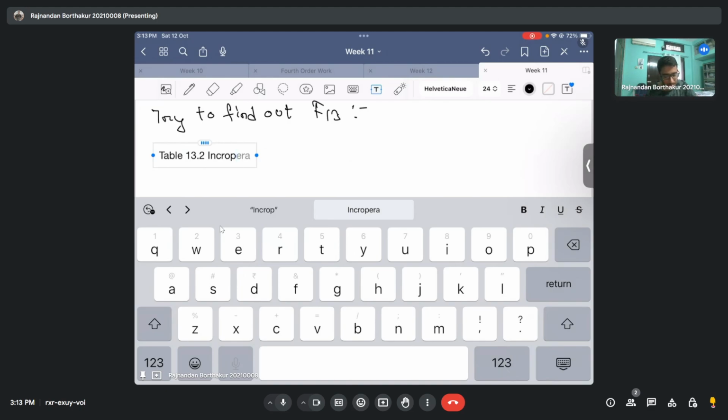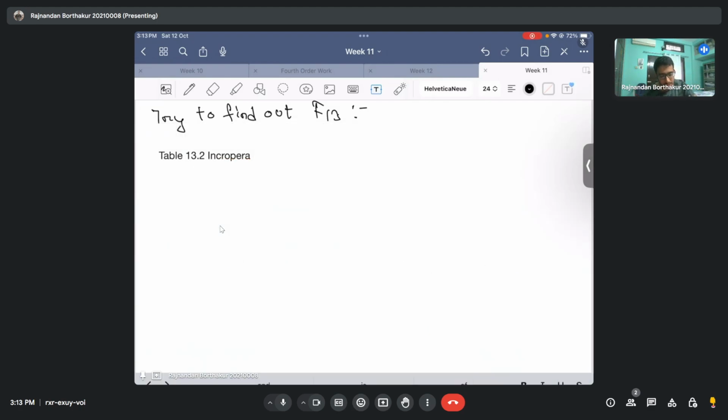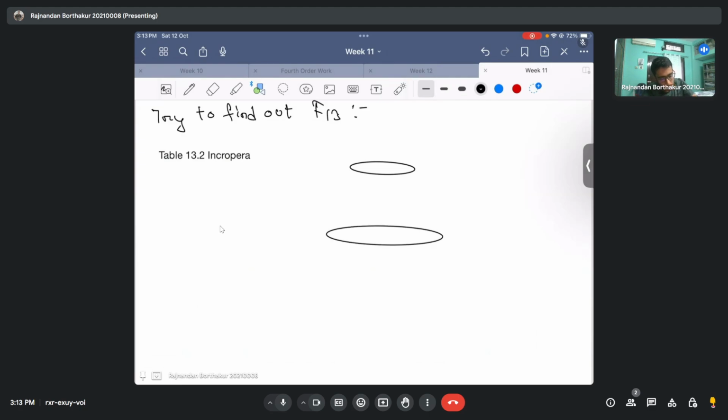In any edition, the table should be 13.2. If you look into this table, for two discs, let's say I have two discs. What this table states is that if I have two discs, the diameters of these discs could be arbitrary.